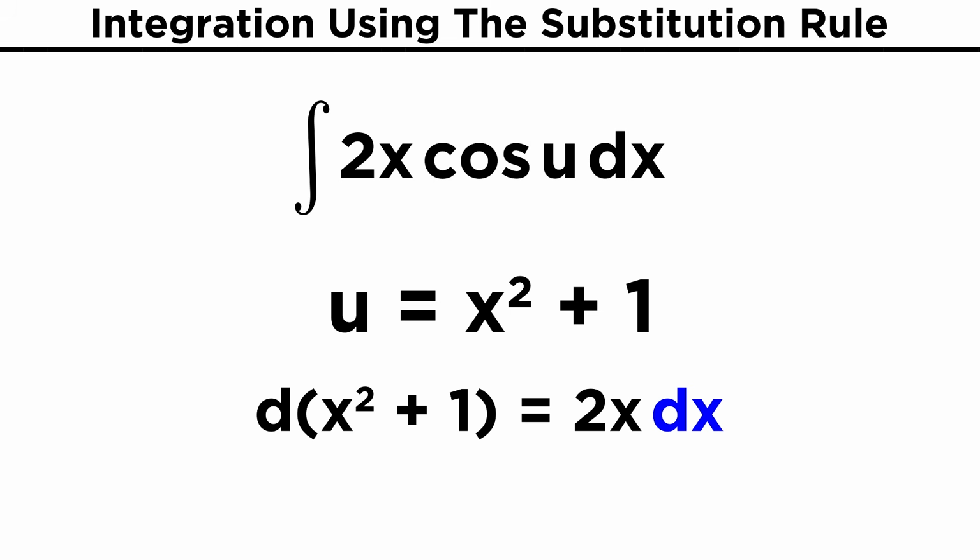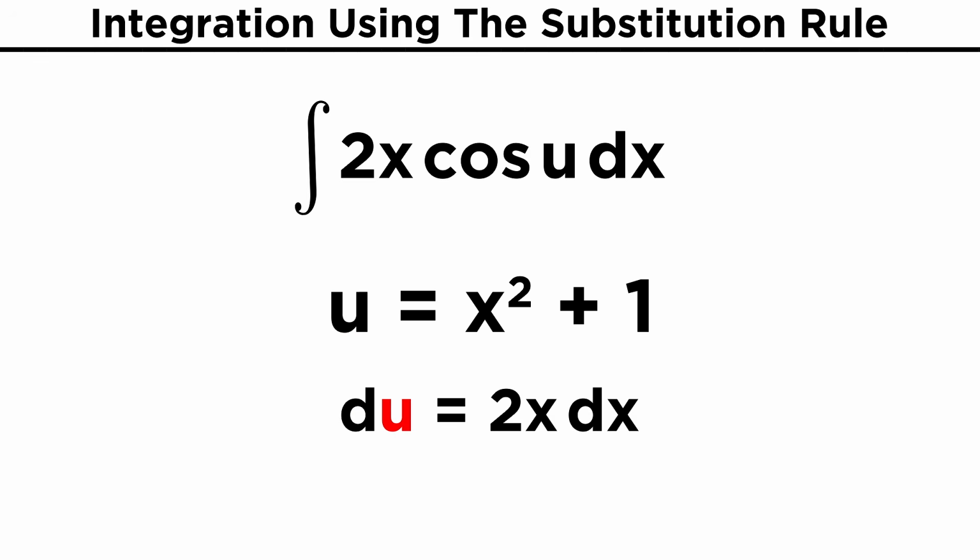Later in this series, we will justify why this is possible. For now, let's just do it and observe how this is useful. Now we can understand that this function on the left is what we are representing as u, so let's just change that to u. And we therefore see that du equals 2x dx.